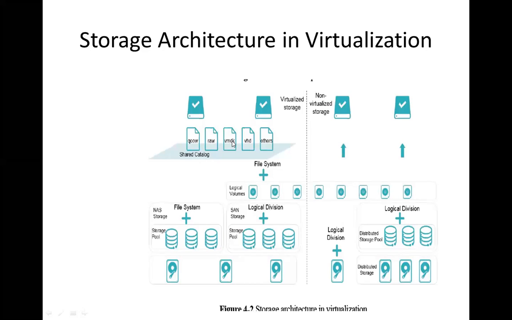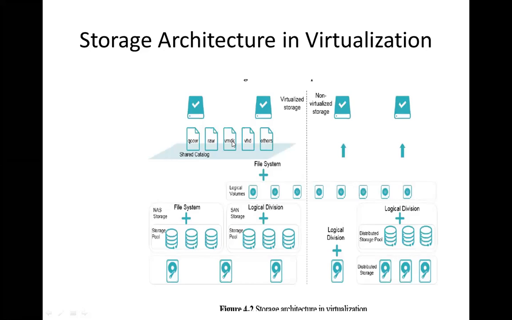VMDK is a virtual machine disk format for VMware Workstation. This is the short form of that particular file format. These are the file formats: virtual hard disk, virtual machine disk, and such kinds of disks that are in the shared catalog. So these are the extensions of various files or data we have on those disks.